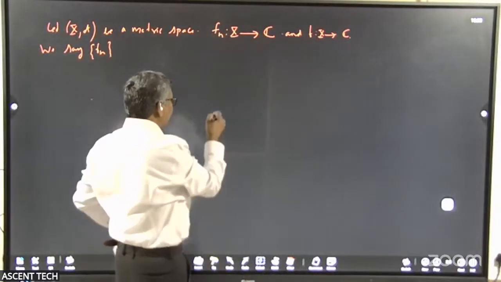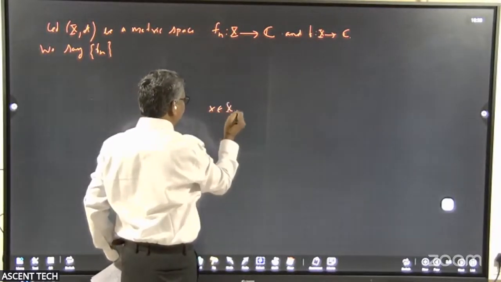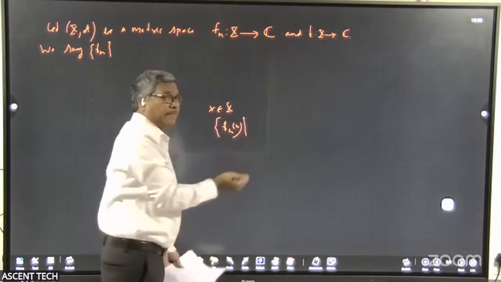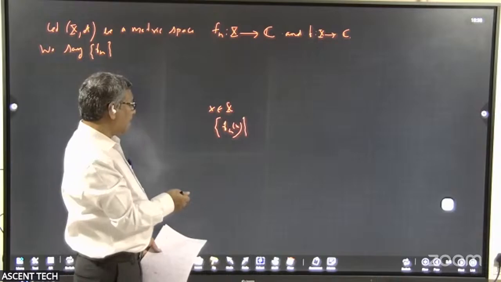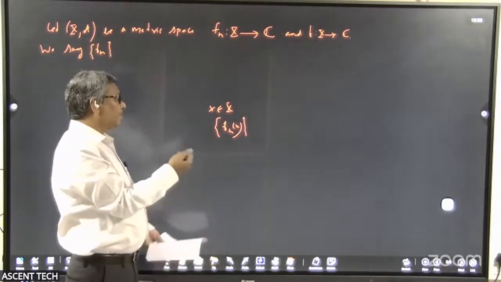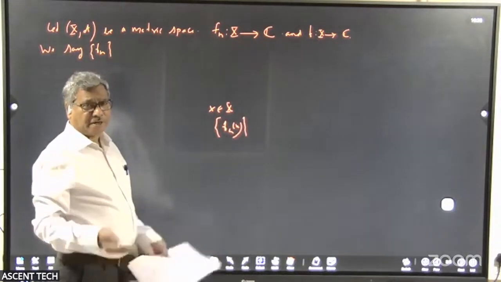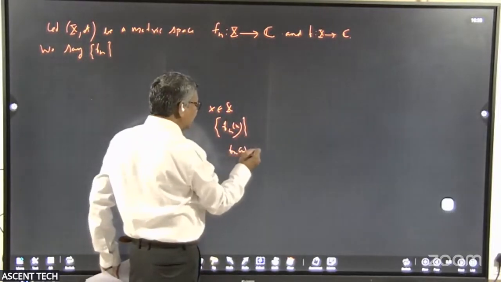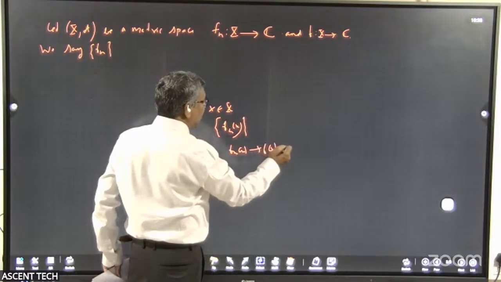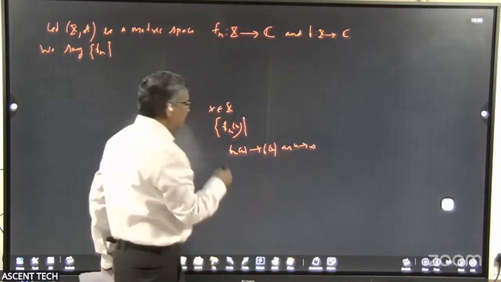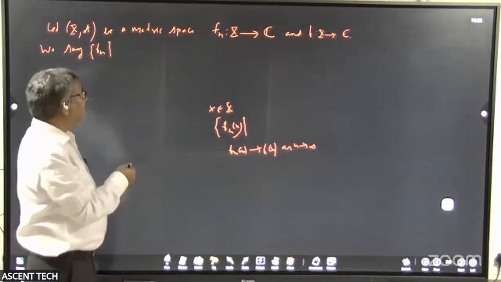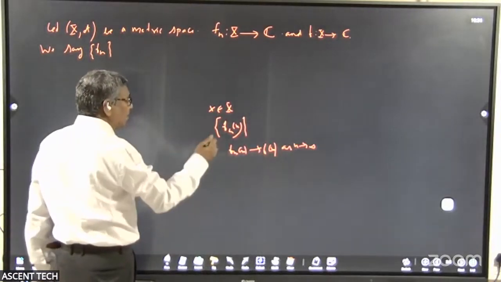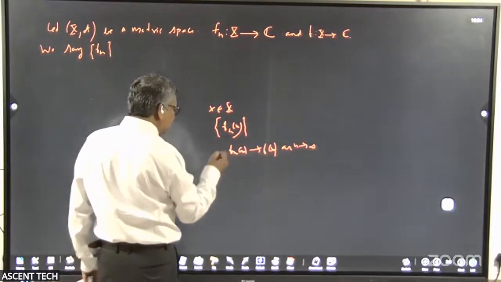For example, if I take a small x in capital X and look at F_n of x, that is just a sequence of complex numbers, and we can ask whether it converges or not. So F_n(x) converges to F(x). That's pointwise convergence.